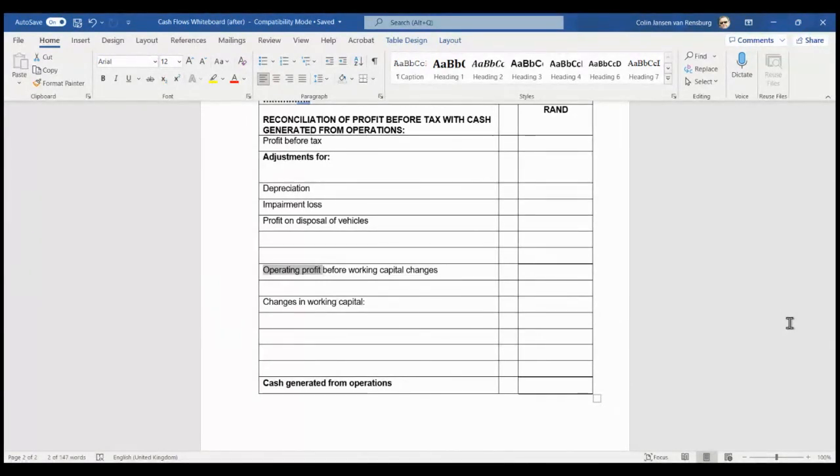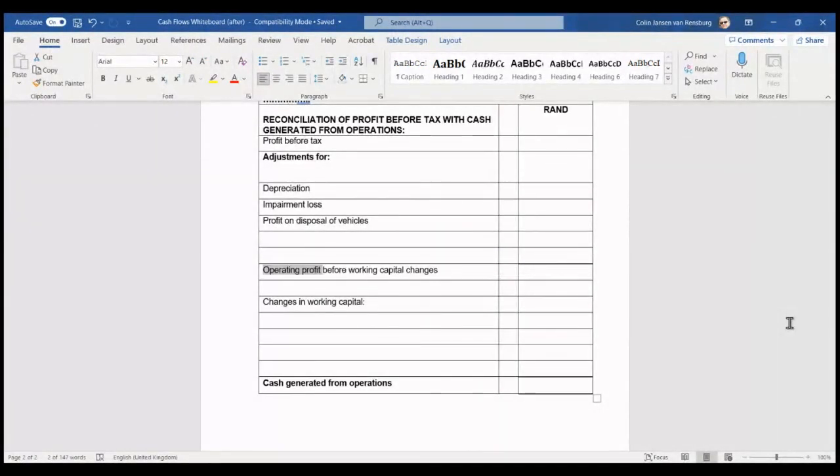They've been taken out. So the only profit or loss that remains is the profit that purely, solely relates to our operations. But now we've got to make a second major adjustment, and that is we have to eliminate the effect of the accrual system.